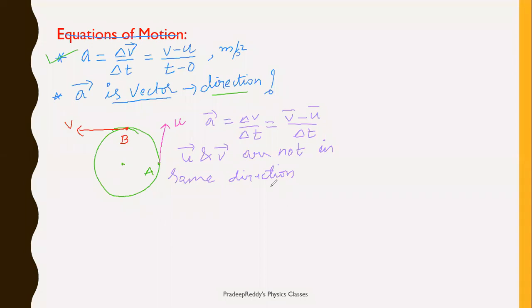Then in which direction do you need to take the acceleration? Remember, whenever you are dealing with acceleration, acceleration is not simply in the direction of velocity. It is in the direction of change in velocity.